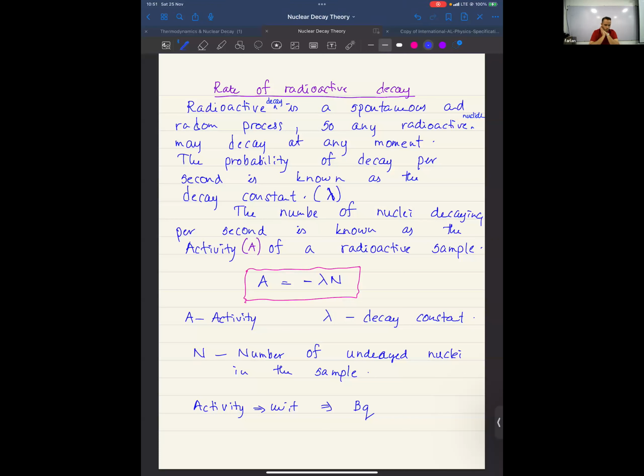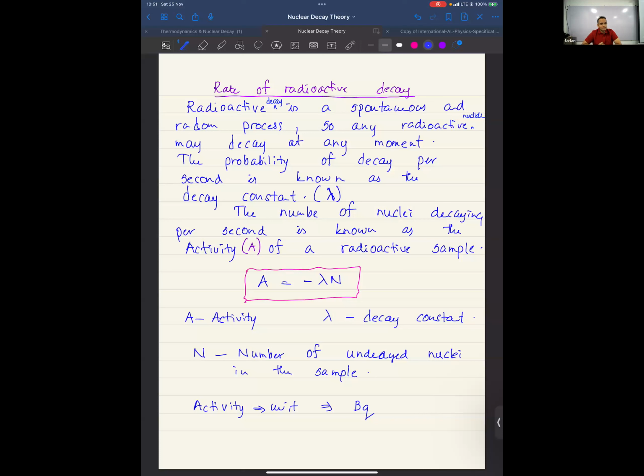Okay. Any radioactive nuclide may decay at any moment. Right? What is lambda? Decay constant. What is A? Activity.